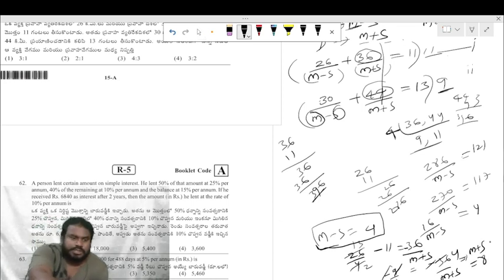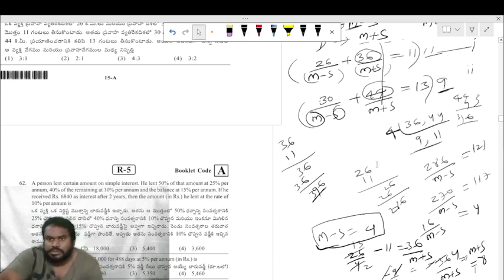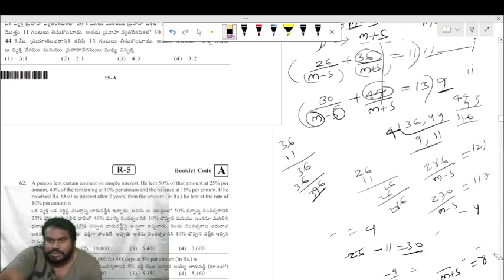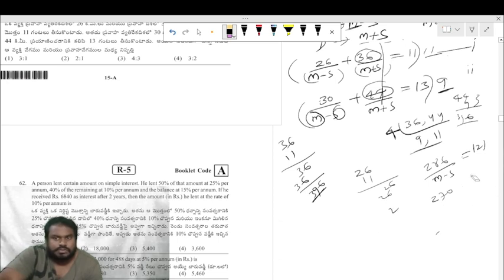So you got the m minus s value and the m plus s value. So m minus s is 4 and m plus s is 8. From the options also you can verify, you can simply calculate the m minus s and m plus s values.